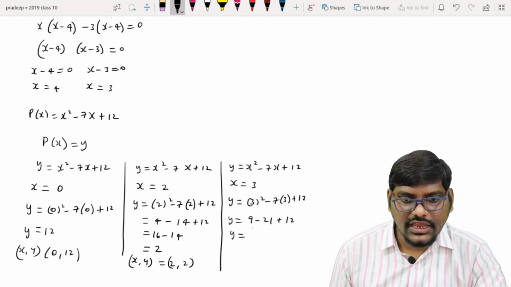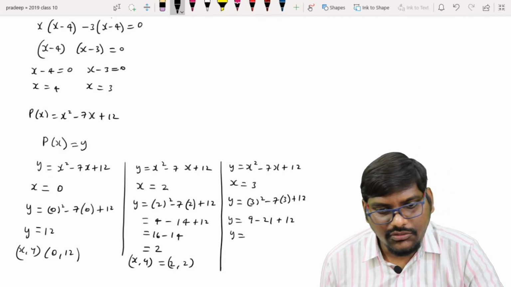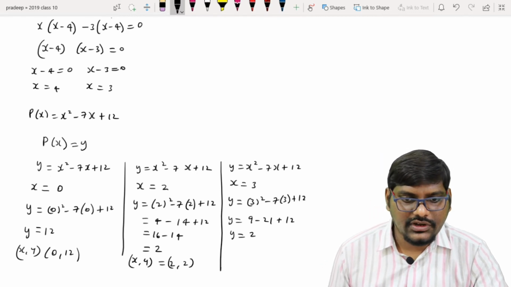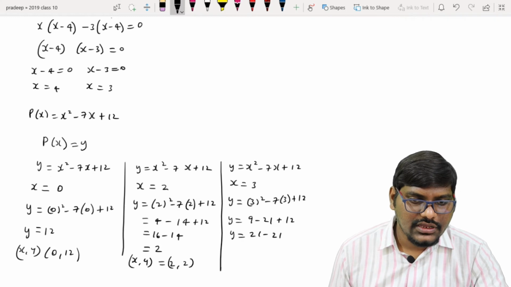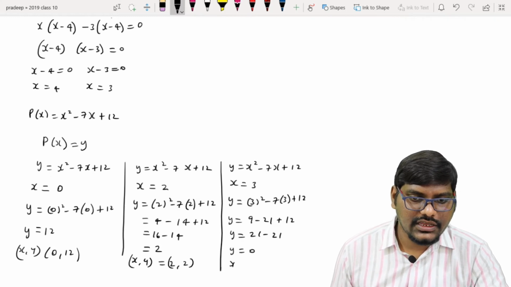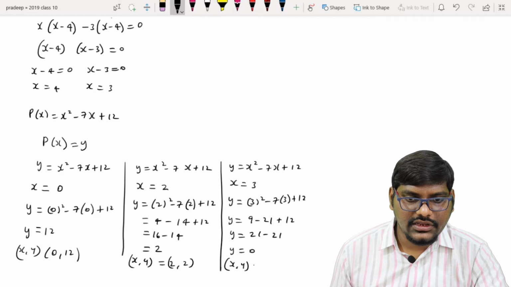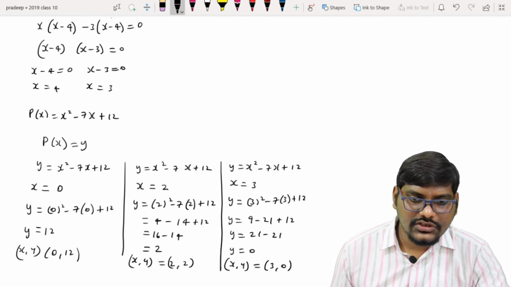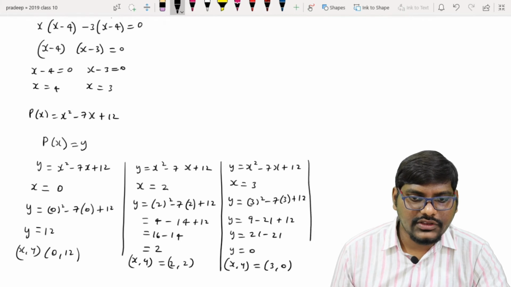So 9 plus 12 is 21, and 21 minus 21, y is 0. So we are getting x comma y as 3 comma 0.